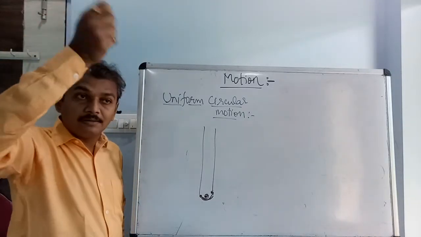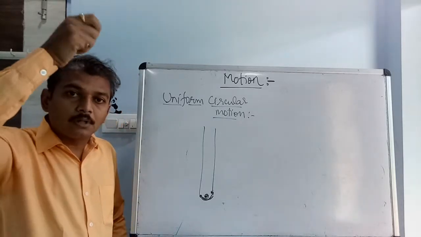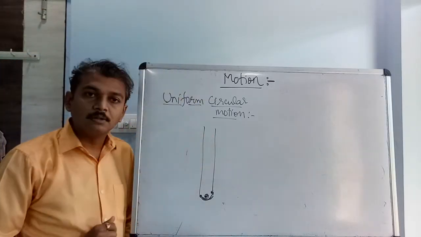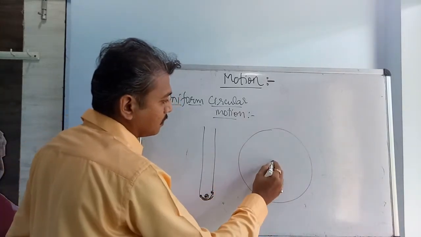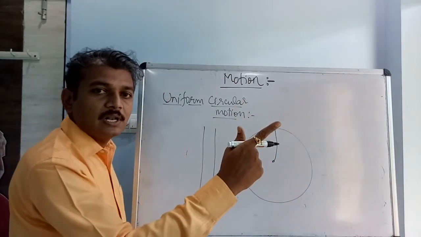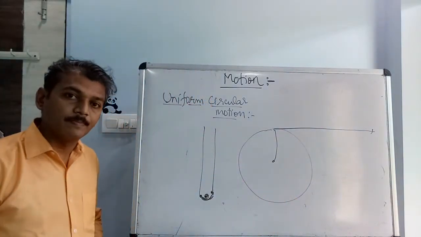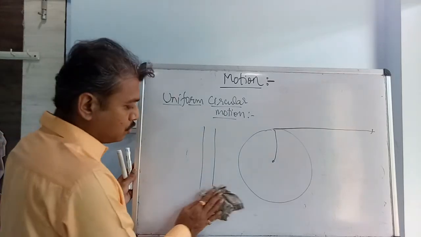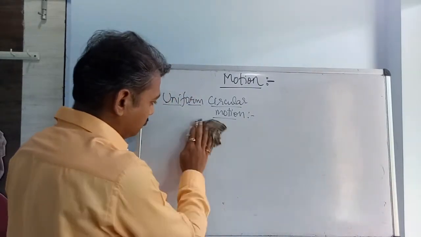Wherever they find that predators are destroying the crops, in that direction they just leave one of the strings. As they were continuously rotating the string, if one end of the string is left, the stone goes in the straight direction, tangent. This is uniform circular motion. There are some sports also in which you can see a stone being thrown.